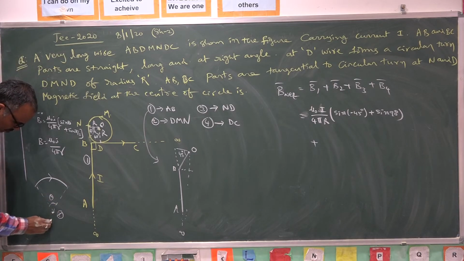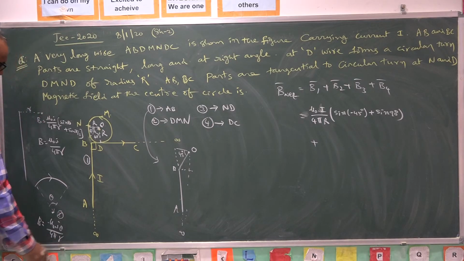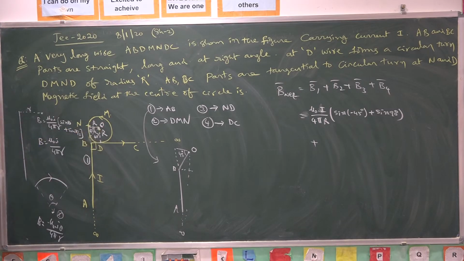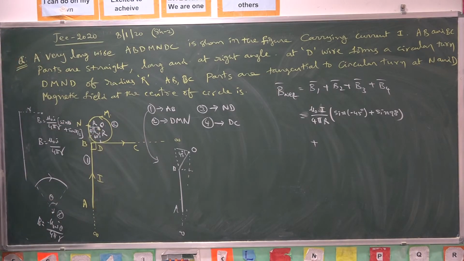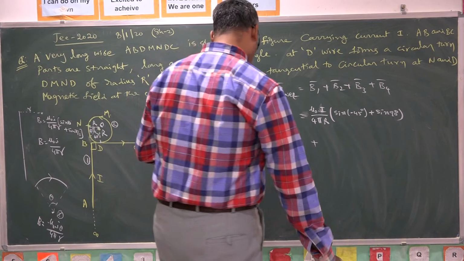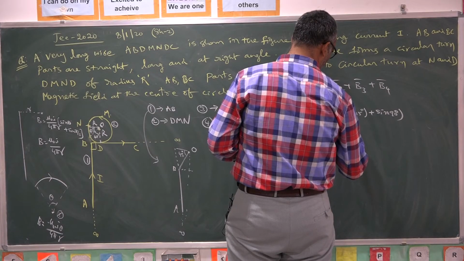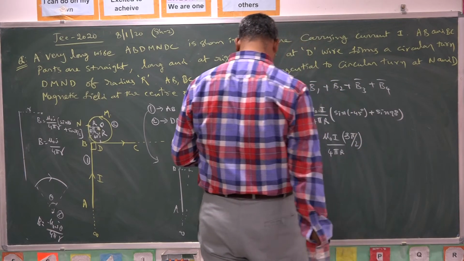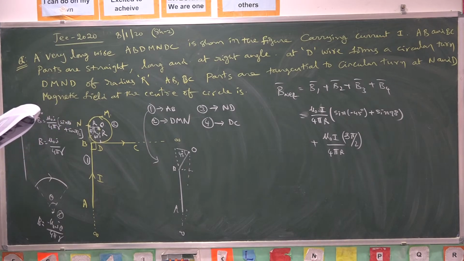B is equal to mu naught I theta by 4 pi r. Based on this formula, here theta value is, already it is 90, it is 270. So for second portion of the conductor, the theta is 270, 3 pi by 2. So mu naught I into 3 pi by 2 by 4 pi r. That is for second portion of the conductor.